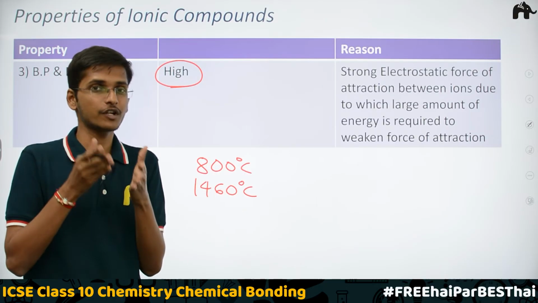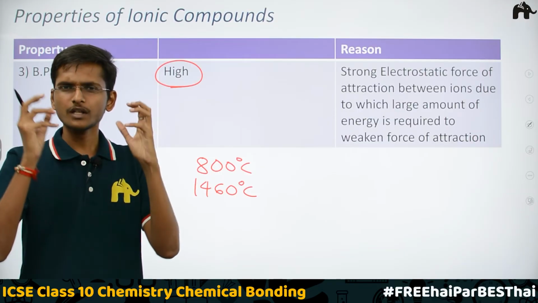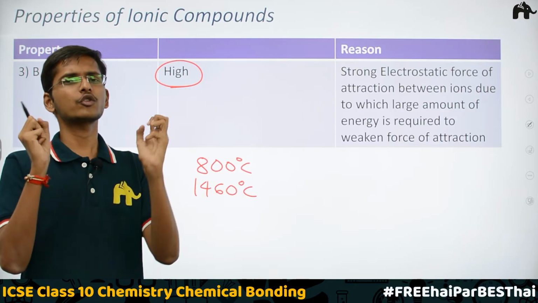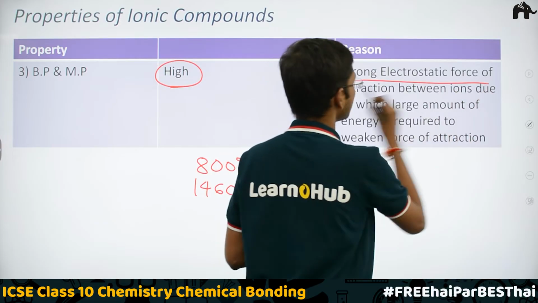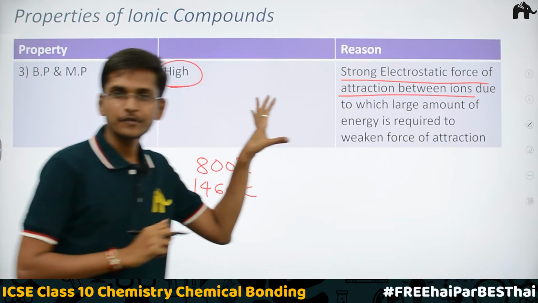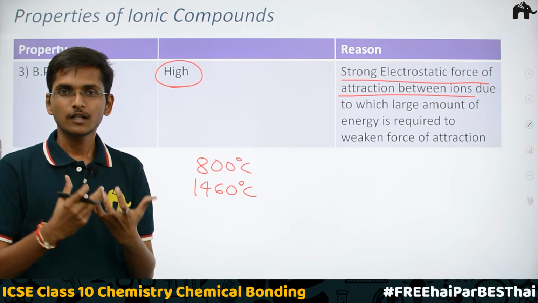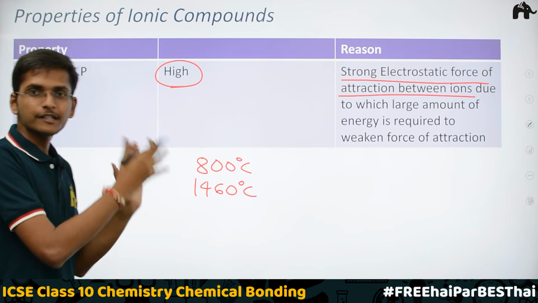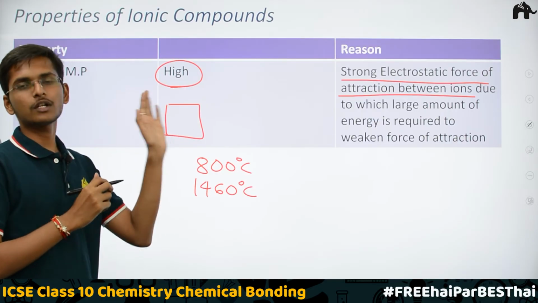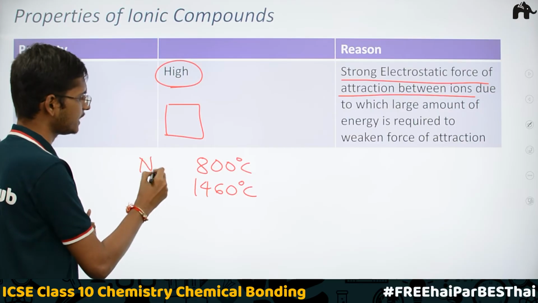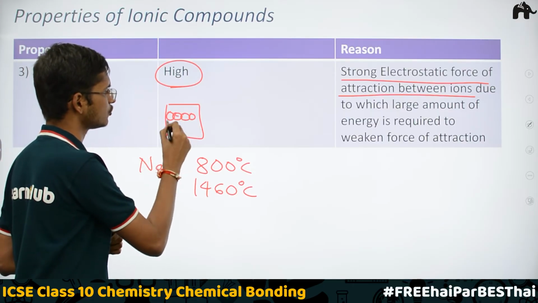The reason behind the high melting and boiling point of ionic compounds is very simple. When these ionic compounds are formed, there develops a strong electrostatic force of attraction between these ions, right? Suppose I have taken NaCl. In solid state, the particles are very closely held to each other.